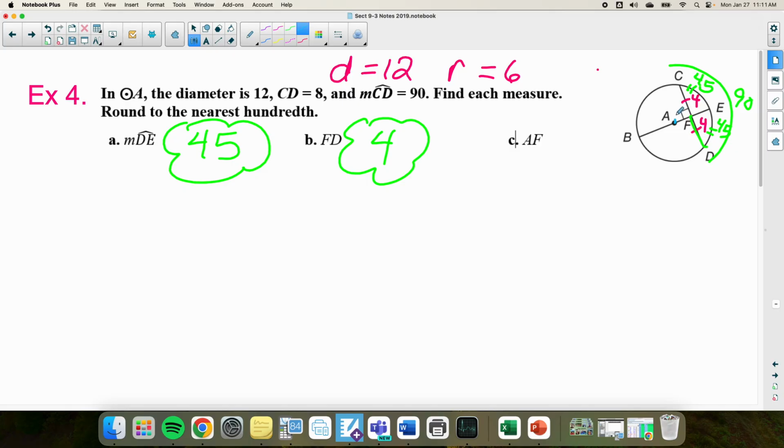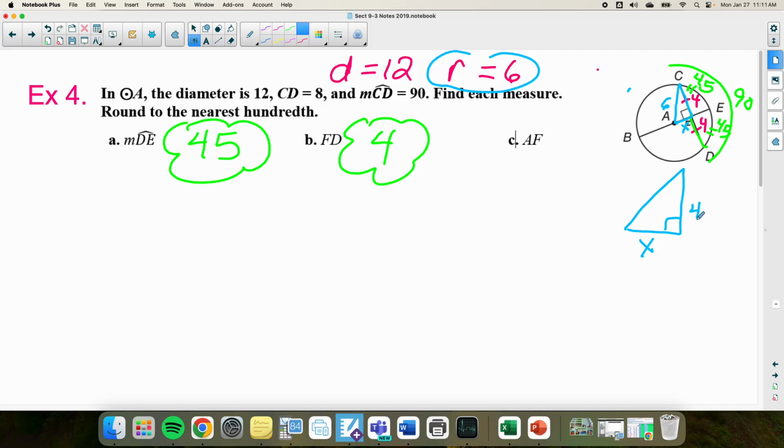What I'm going to do is make this right triangle. I know that this is 4. I'm looking for this. How do I know what the distance from A to C is? It's the radius, which is 6, okay? So I have this right triangle that looks like this.